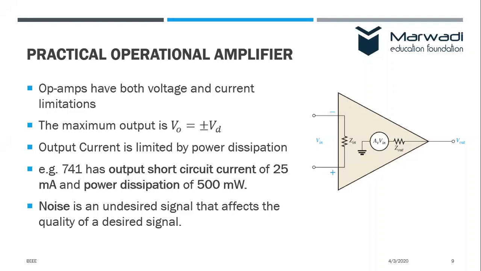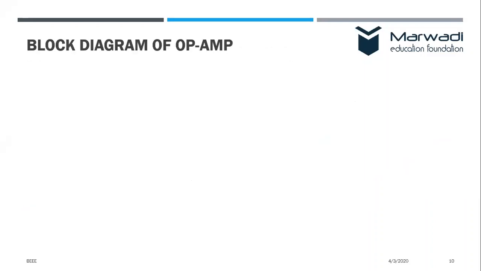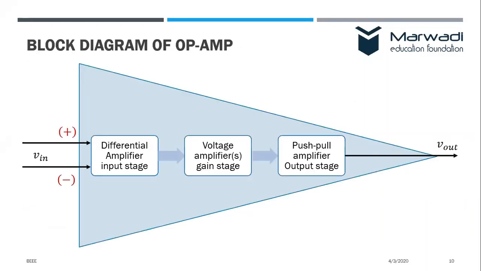That means at max the output can provide 25 milliampere current, and the power dissipation is 500 milliwatt, that is 0.5 watt.